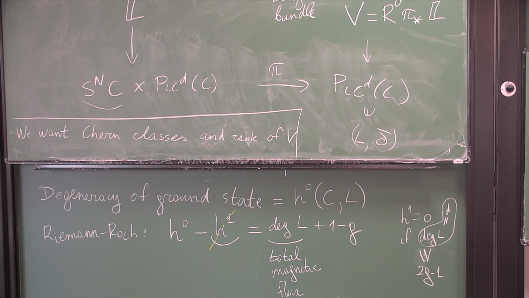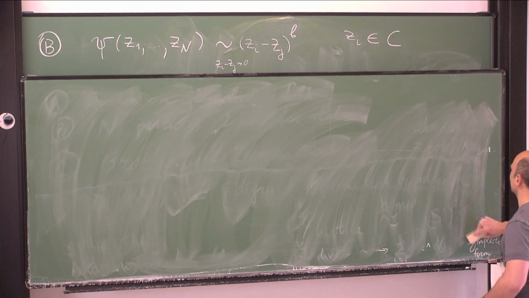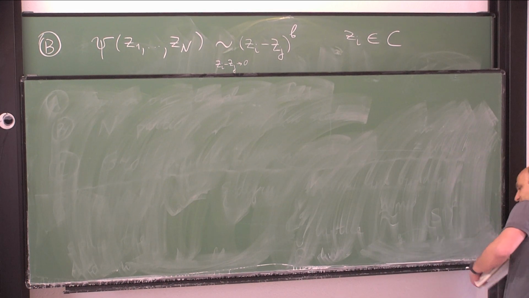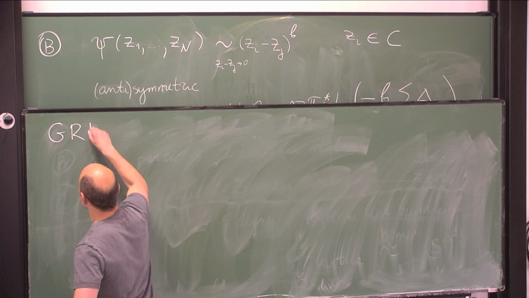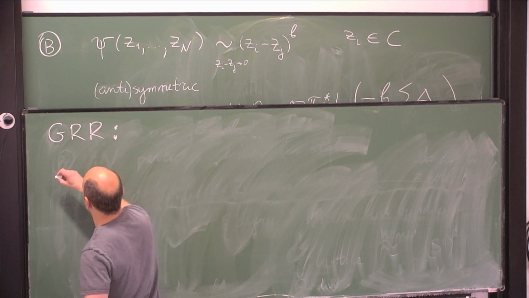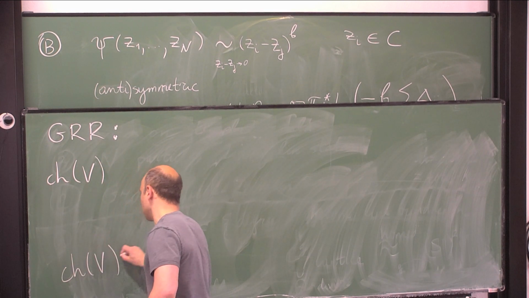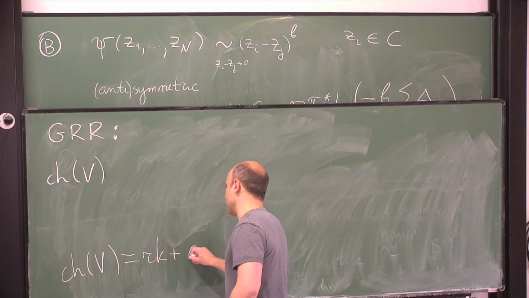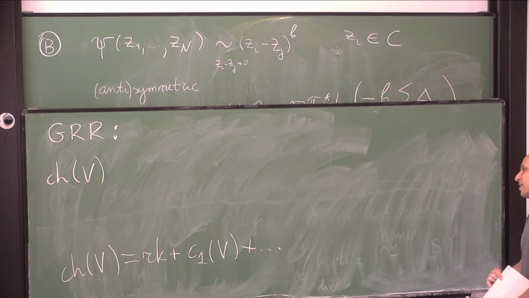So now I can write the Grothendieck-Riemann-Roch formula. The Grothendieck-Riemann-Roch formula computes the total Chern character of V. So the Chern character starts with the rank, then there's the first Chern class, and then there are higher Chern characters that can be expressed from Chern classes.